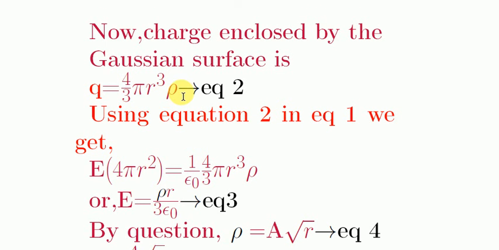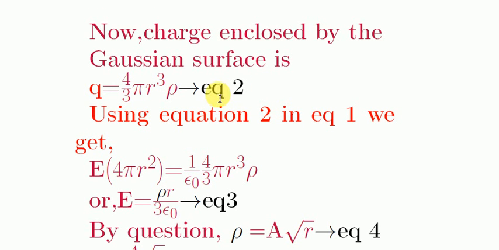And rho is the volume density of charge of the whole sphere, and q is the charge enclosed by the Gaussian surface. 4 by 3 pi r cube is the volume of the portion which is enclosed by the Gaussian surface, and rho is the volume density of charge here. So this is equation 2.